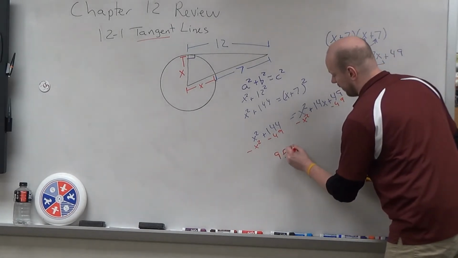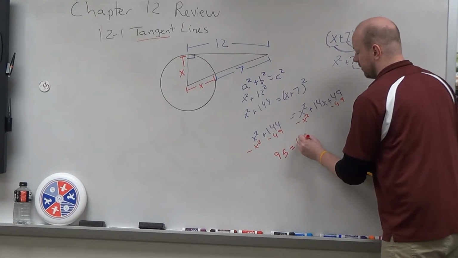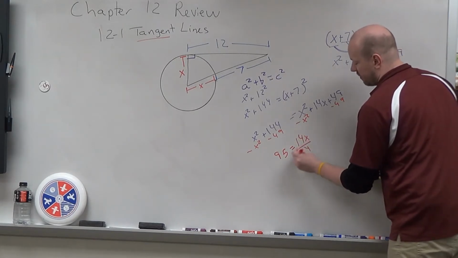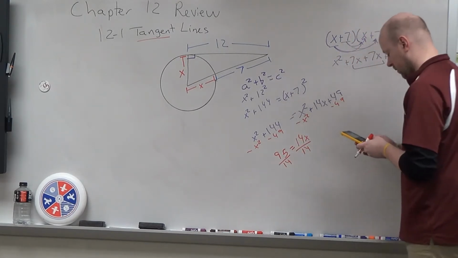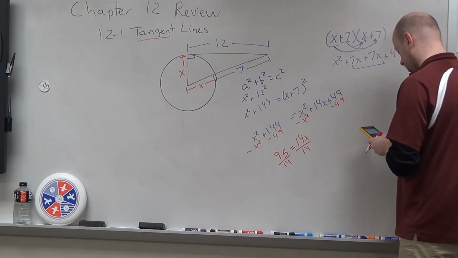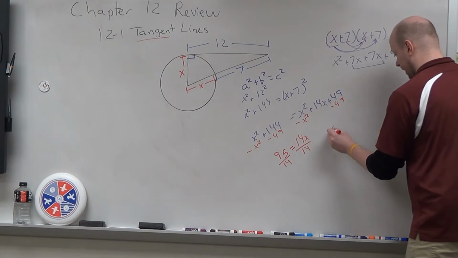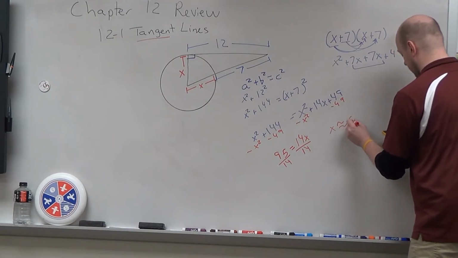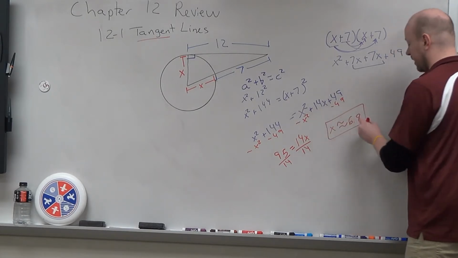So 95 equals 14x. And then I'll just divide each side by 14. So x is approximately 6.8 in this problem.